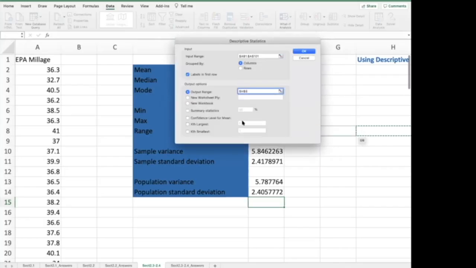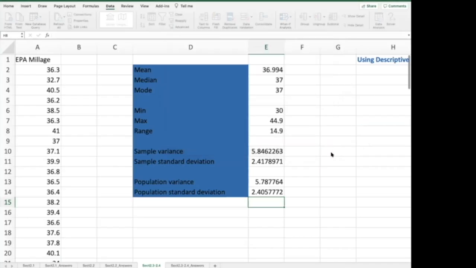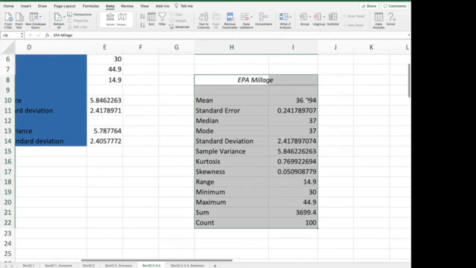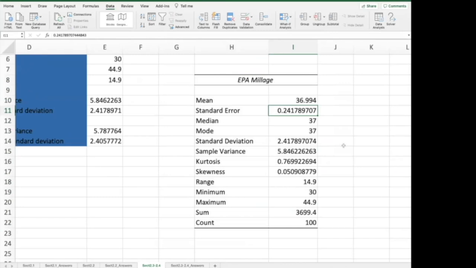And then don't forget, you need what? The summary statistics. Summary statistics, okay? And then okay. Look, you have what? The mean, the standard deviation, the median, the mode, the sample variance, the range, the minimum, the sum, as you can see, all in just 2-3 clicks.